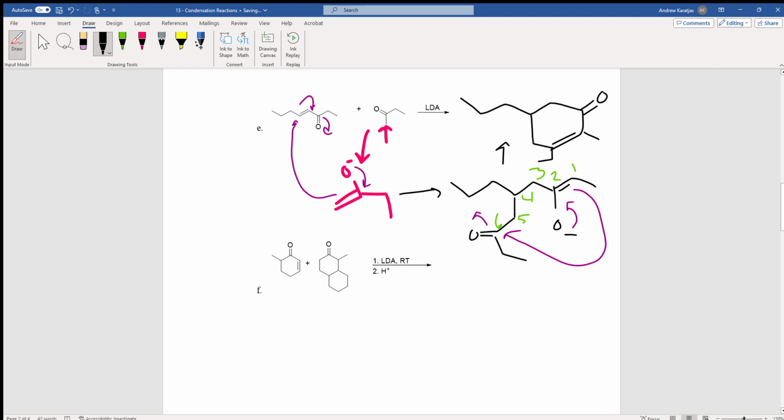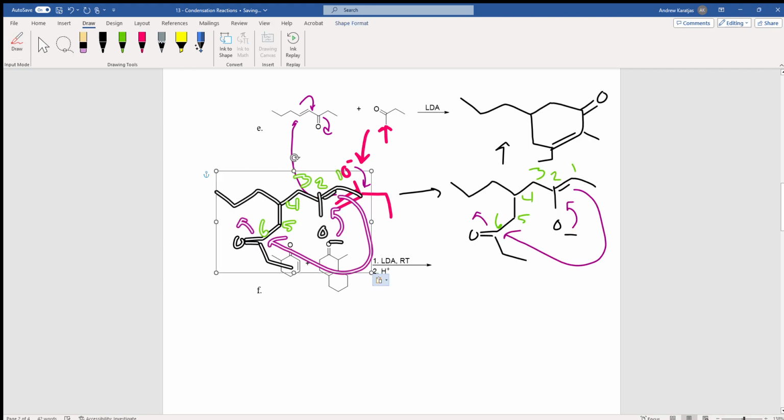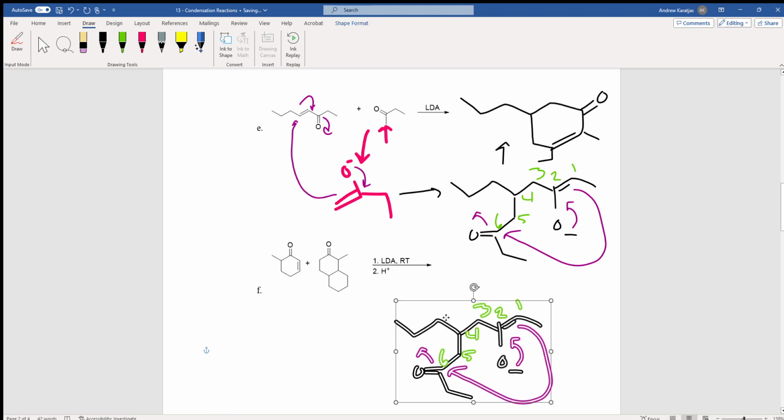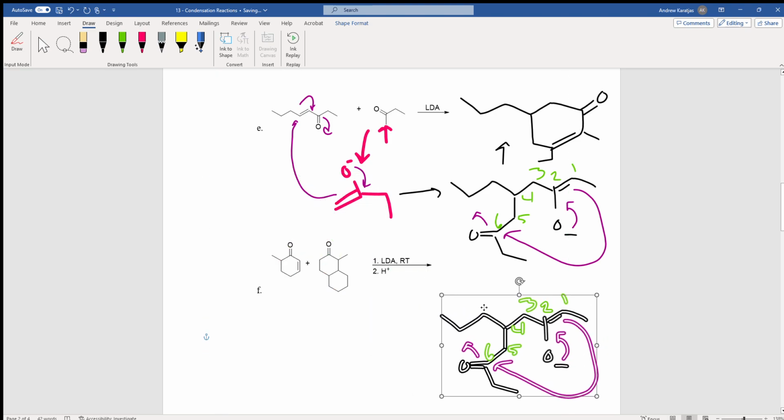Now, all that being said, if you want to see a little bit better where that ring is coming from, we're going to go through that. So I'm going to grab this whole structure and bring that down here.